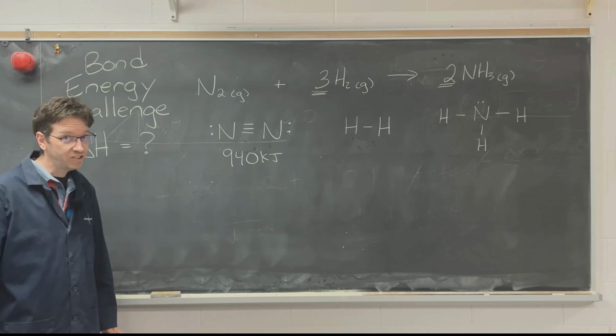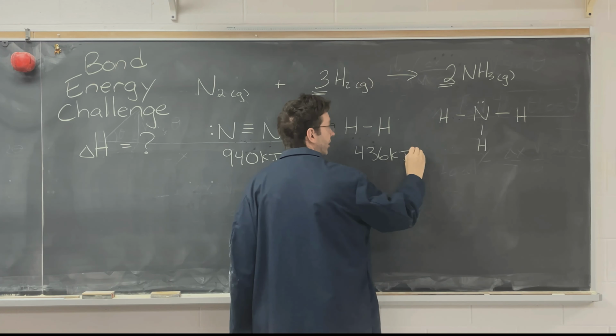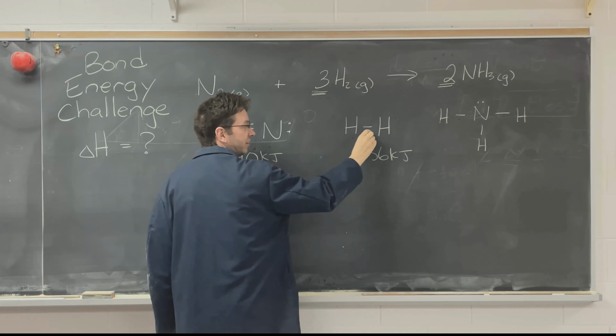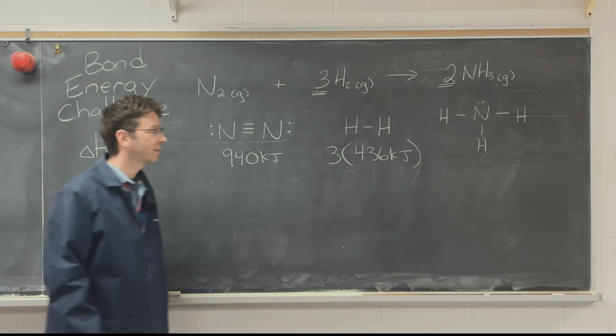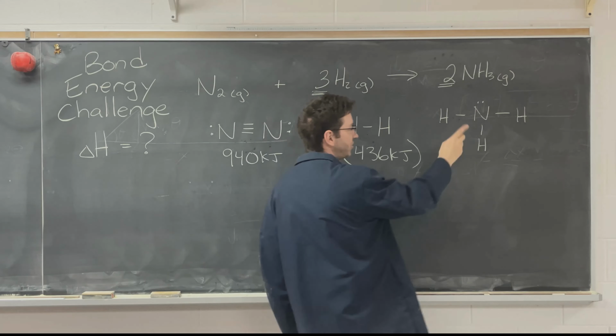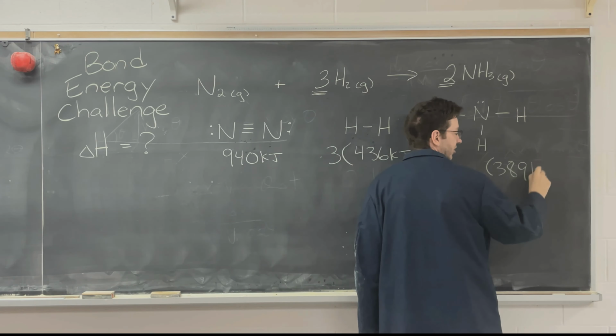For hydrogen to hydrogen, that is 436 kilojoules. And now we have 3 of these, so I'm going to multiply that by 3. And a single bond for nitrogen, hydrogen is 389 kilojoules.